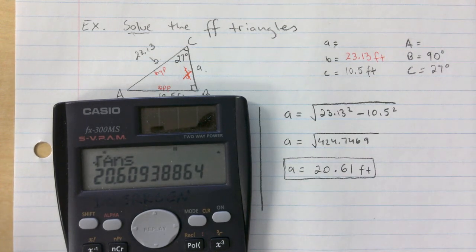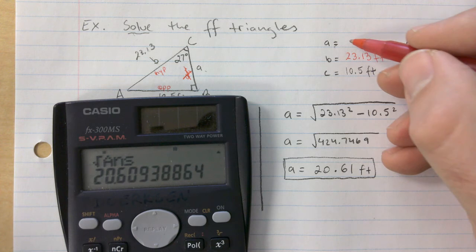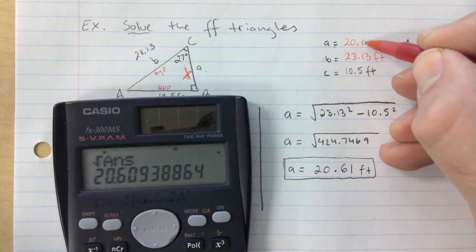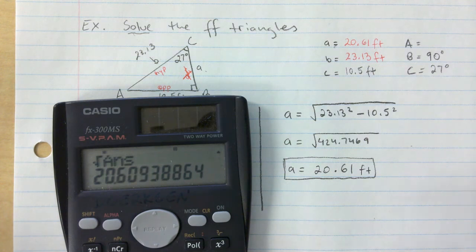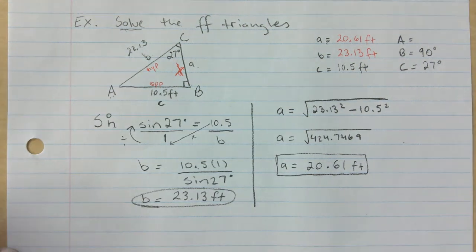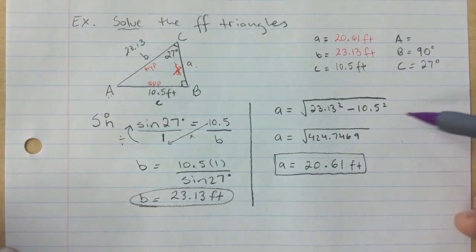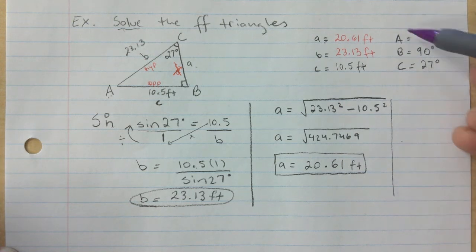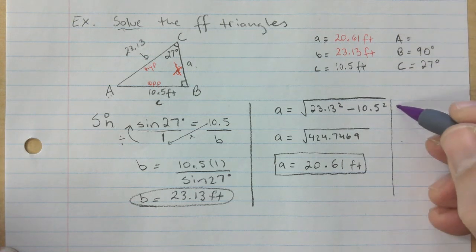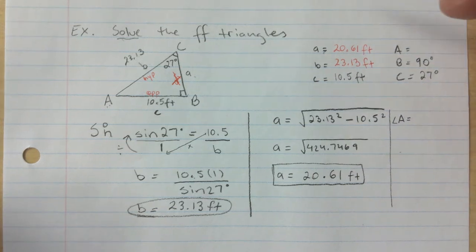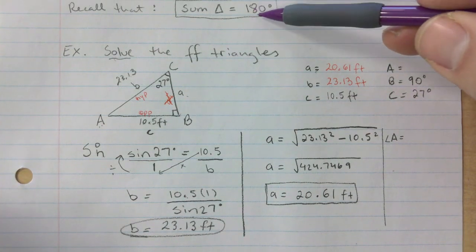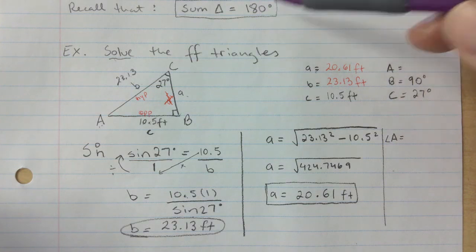Now you can report back over here and say that that is solved. So all three sides are now known. Okay. How would you figure out that last little bit here? Angle A. Recall that all three angles add up to 180.